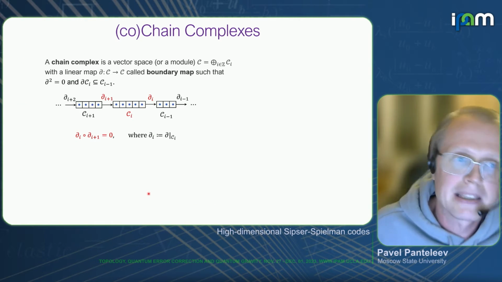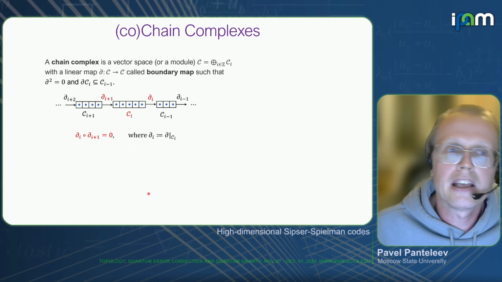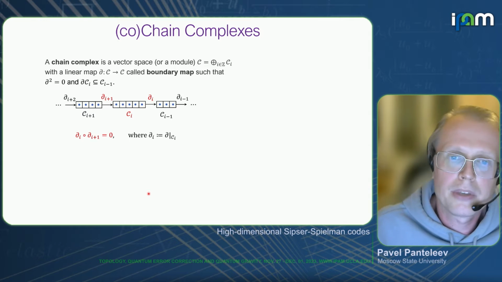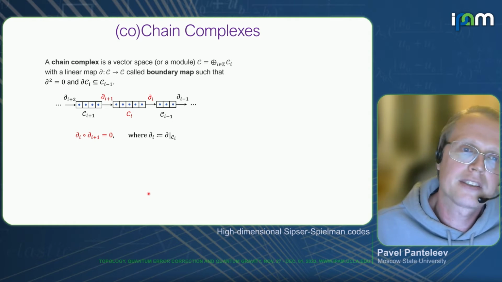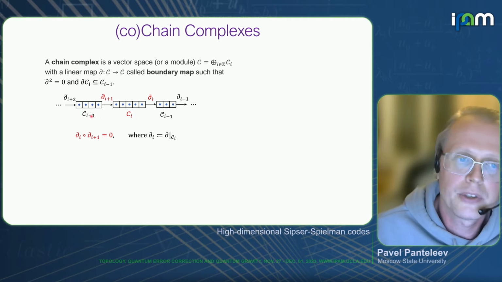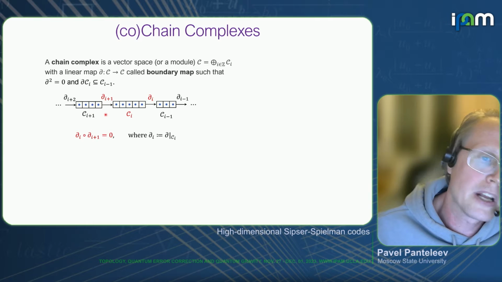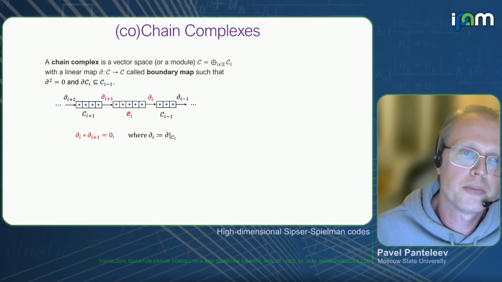Okay, but let me discuss the idea of a chain complex, which will be very important for my talk today. So a chain complex is just a bunch of vector spaces that we can view as some registers of bits and linear maps between these registers of bits.